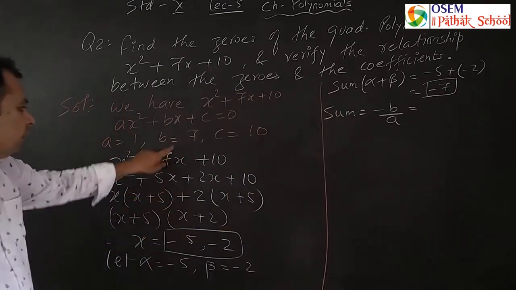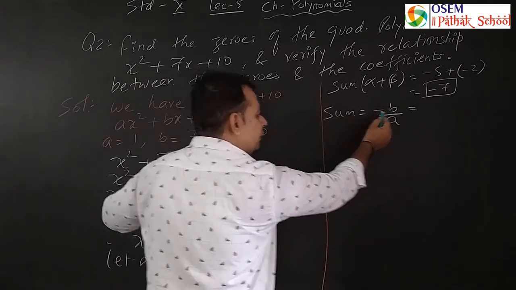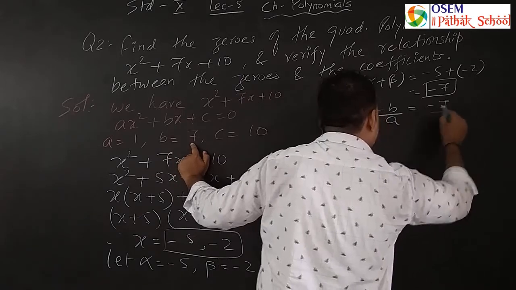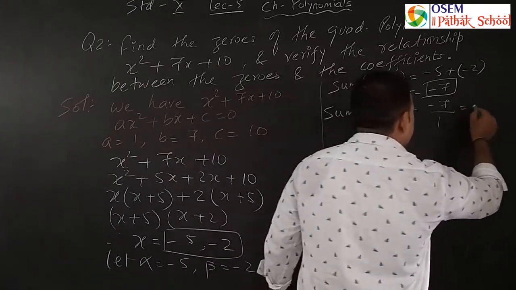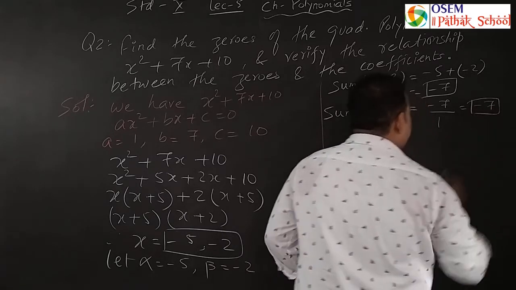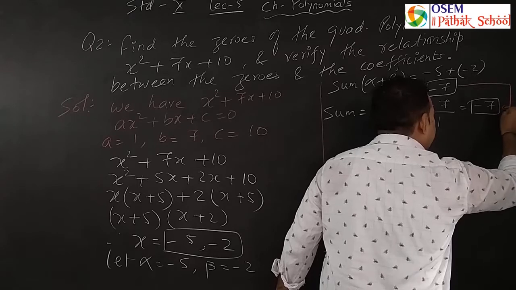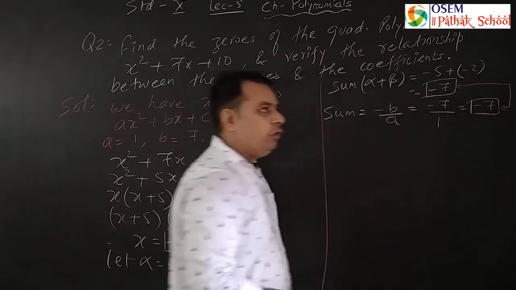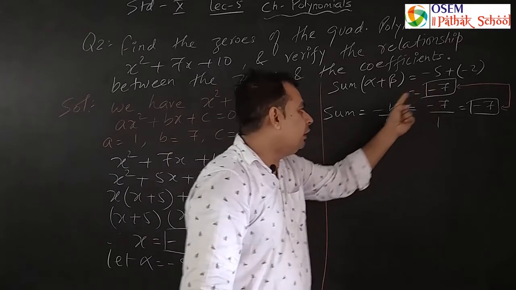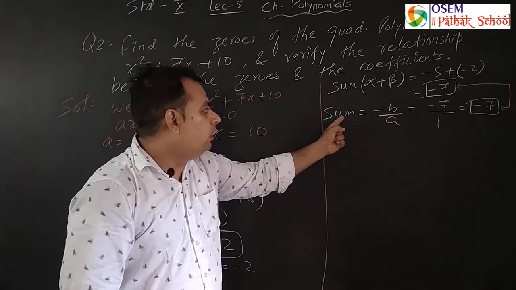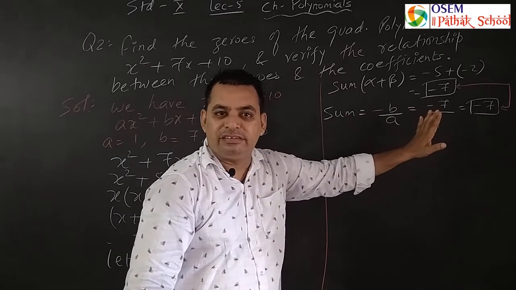What is the value of b over here? It is positive 7, but the sign is minus, so it will be minus 7, and a is 1. So it will be minus 7. You can clearly see that we got the verification. The zeros, when added, give minus 7, and when we apply the formula minus b by a, that is minus 7 upon 1, it is minus 7.